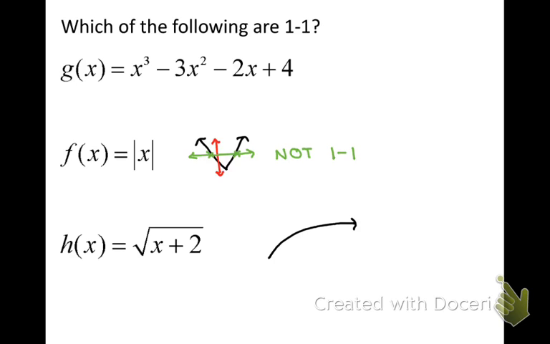And that x plus 2 on the inside of the square root, on the inside of that grouping symbol, would have moved that graph to the left 2. So that's a little previous knowledge. But knowing this generic shape, I know that this would pass my vertical line test, and it's going to pass my horizontal line test. So this is a one-to-one function.